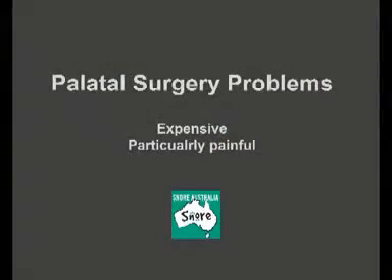Let's talk about surgery now. Surgery was quite popular about 10 years ago, quite a lot less popular now, but it's still used and sometimes there's a place for it. One of the key problems also is that surgery on the soft palate is relatively expensive and most patients find that it's very painful.